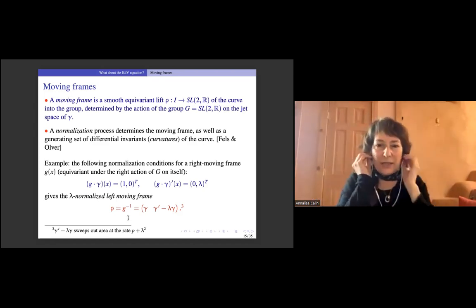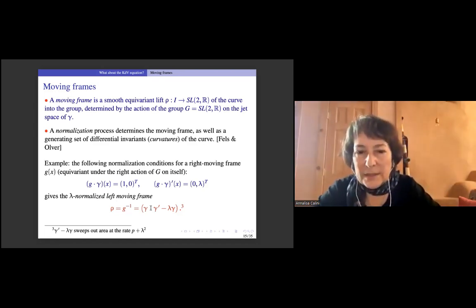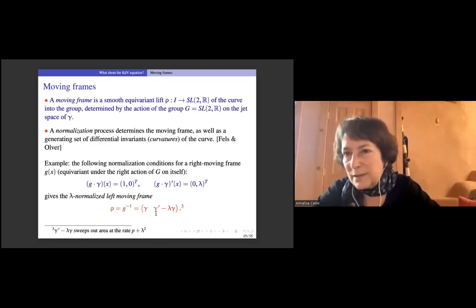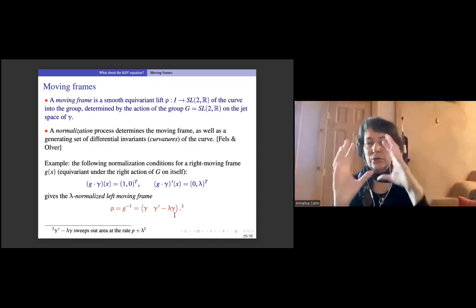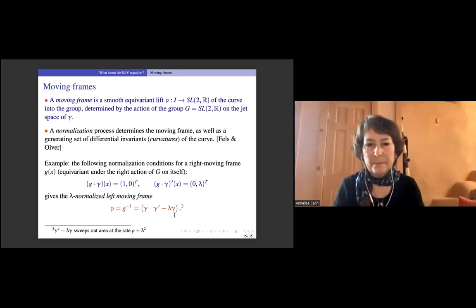This construction gives you this frame. Notice this frame is kind of different from what we saw for the VFE. The curve is part of the frame. And of course, the velocity modified in this way by a multiple of the curve is the second vector in this frame. Remember, you are in R2, so now you have a 2x2 matrix.